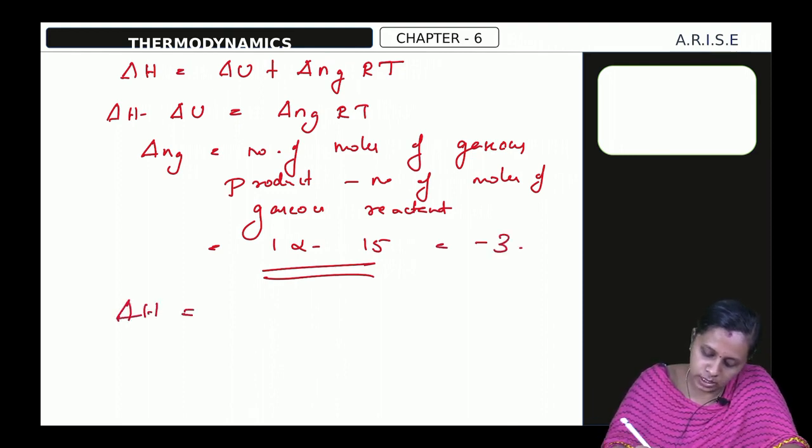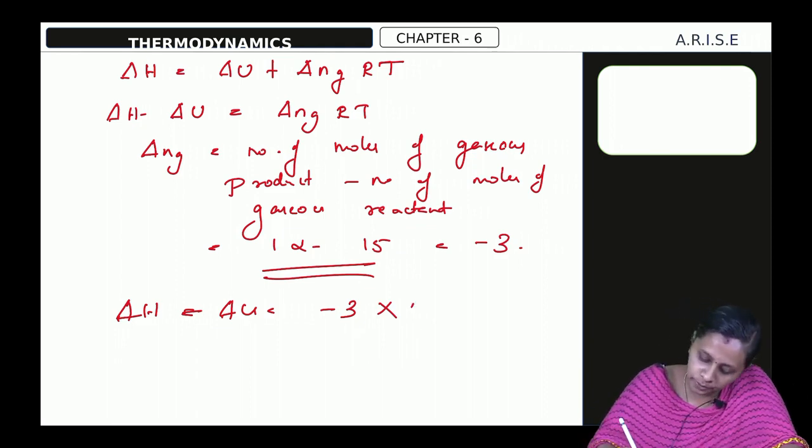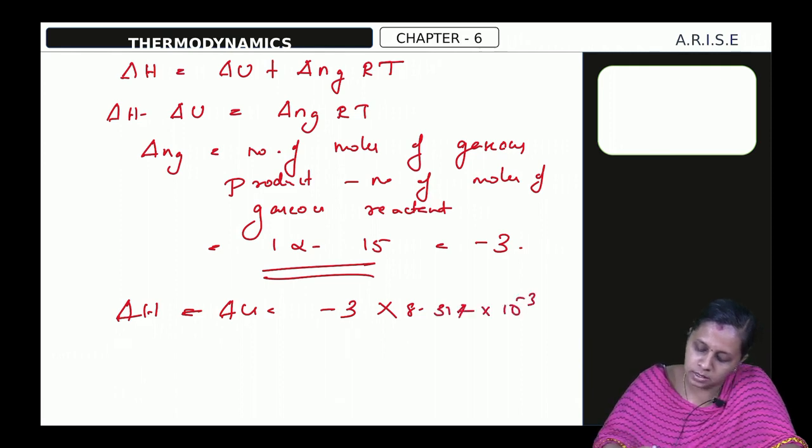So delta H minus delta U is equal to minus 3 into, what is the R value? R is the universal gas constant. R is equal to 8.314 joule per Kelvin per mole, and since we require the answer in kilojoules, you have to multiply with 10 raised to minus 3 in order to make it into kilojoules. So it is 8.314 into 10 raised to minus 3.